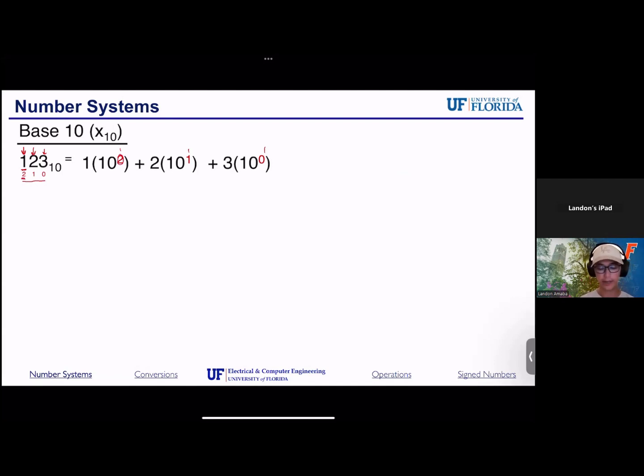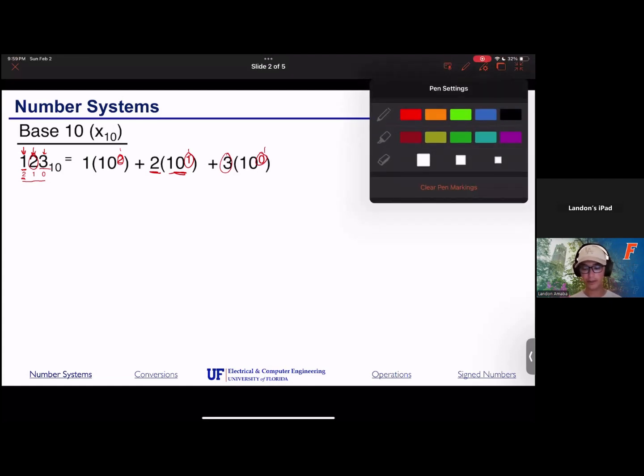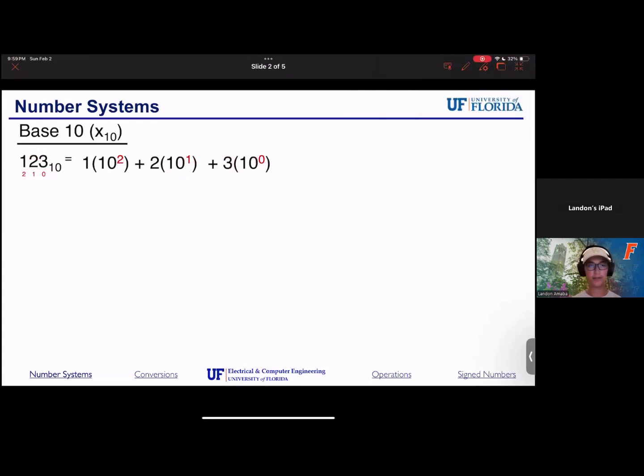And then we follow this pattern, multiplying 2 times 10 to the 1, since it's in the first place. And then finally, 3 times 10 to the 0, since it's in the 0th place. This is the same framework we're going to use when expanding from binary, from octal, from hexadecimal into our base 10.